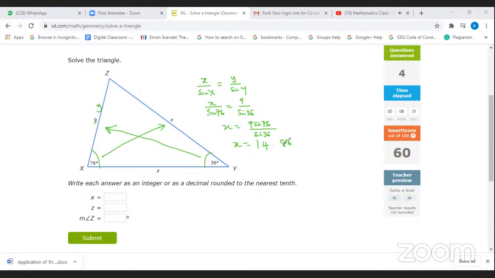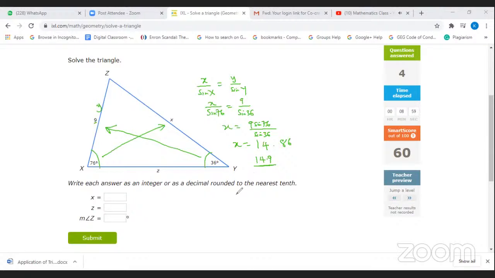In this case, they have said you should write each answer as an integer or as a decimal rounded to the nearest tenth. So if you round this to the nearest tenth, it gives us 14.9.